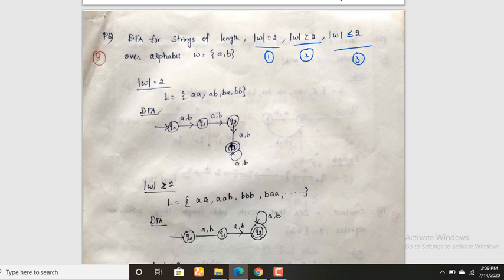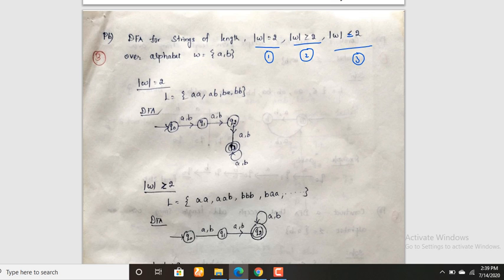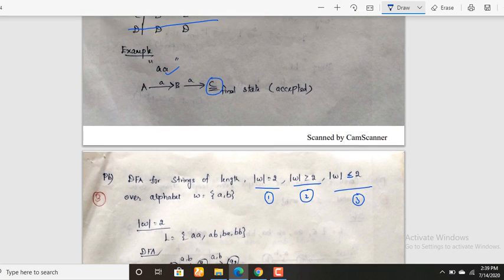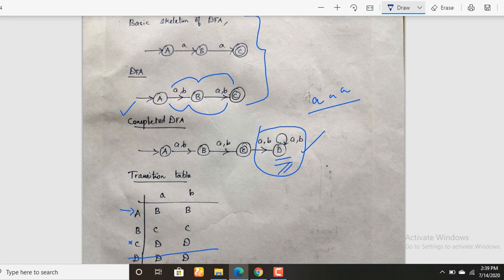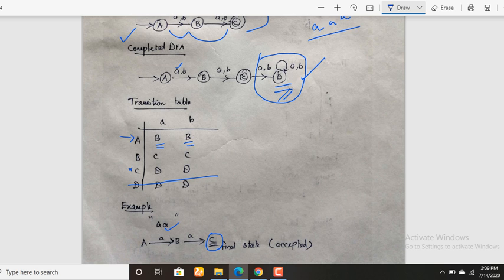While drawing a deterministic finite automaton, you should keep in mind that every input from a state moves to only one state. This is one of the properties of a DFA. For example, in the previous example, from A, input A moves to only B, a single state. From the transition table, you can easily verify this property of a DFA.